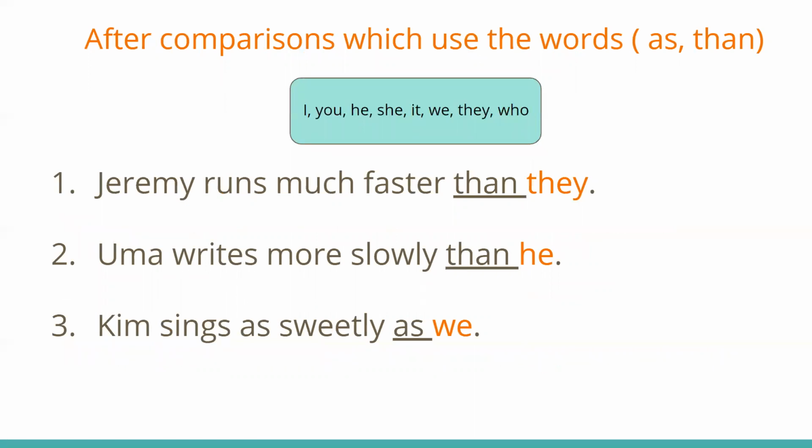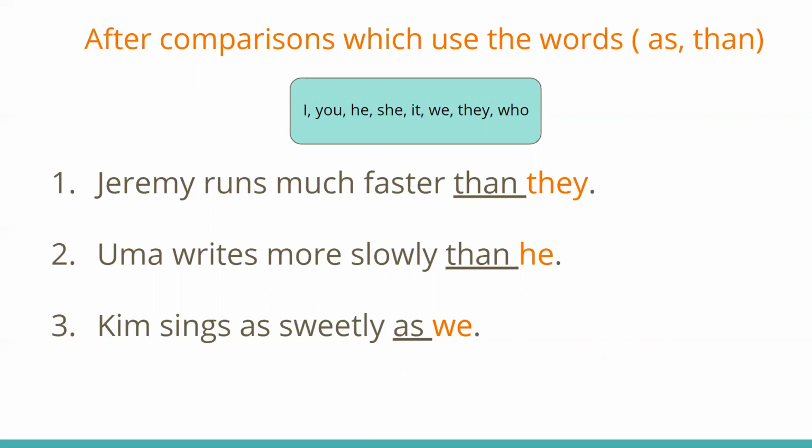Use a subject pronoun with comparisons that use the words as or than. Jeremy runs much faster than they. Now, there's a trick that I want to show you. To tell whether to use a subject or object pronoun with this rule or guideline, you must complete the sentence. Let me show you what I mean.